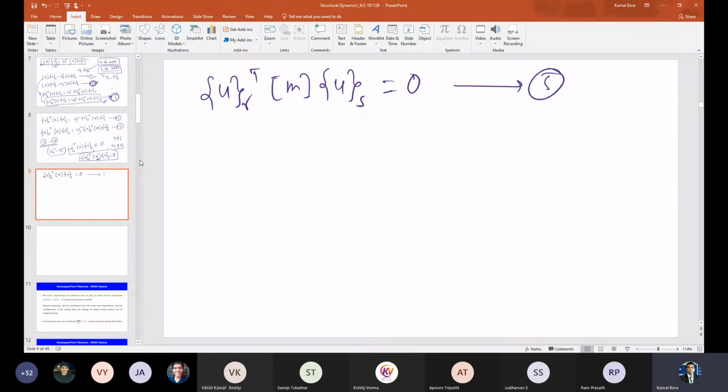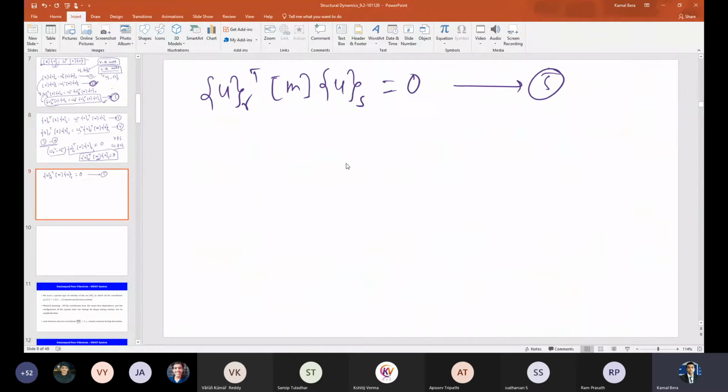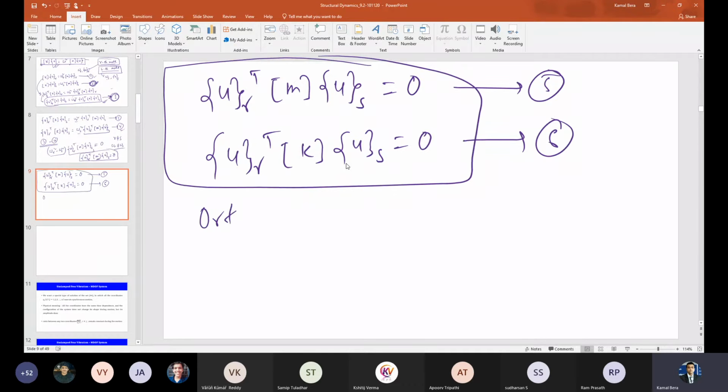Now let us substitute equation 5 in equation 4. Then what will we get? This one is 0, UR transpose M US equals 0. So UR transpose K US equals 0. This represents the orthogonality of the mode shapes. This is not the normal orthogonality that you learned in mathematics.